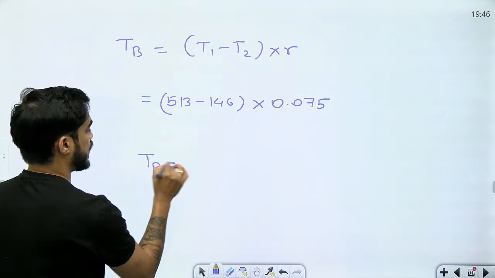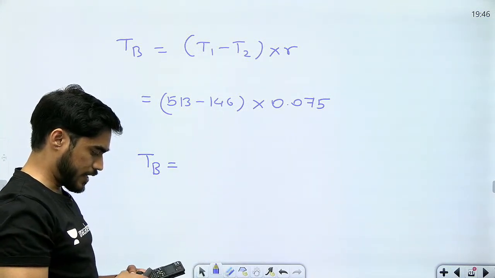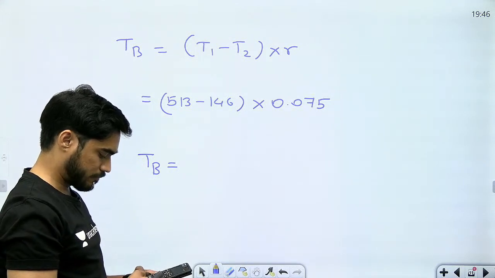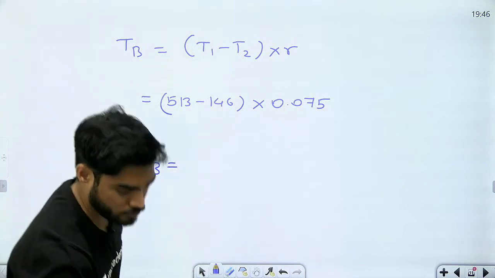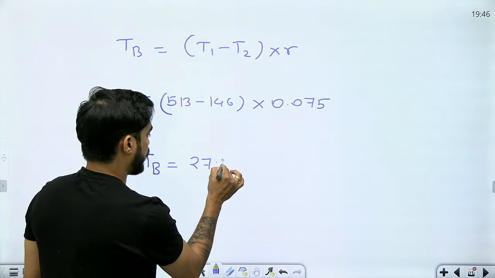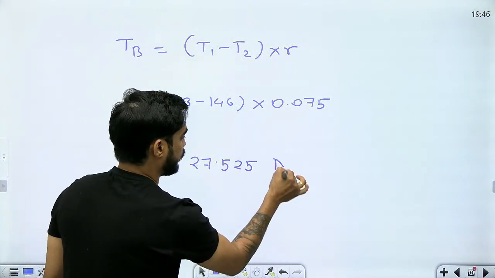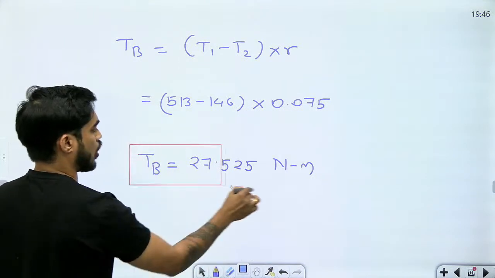So TB is 513 minus 146 multiplied by 0.075, which is 27.525 Newton meter. This is the braking torque.